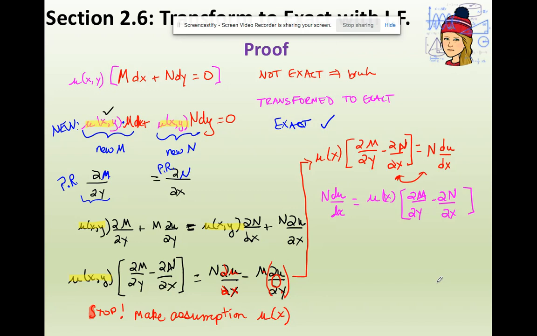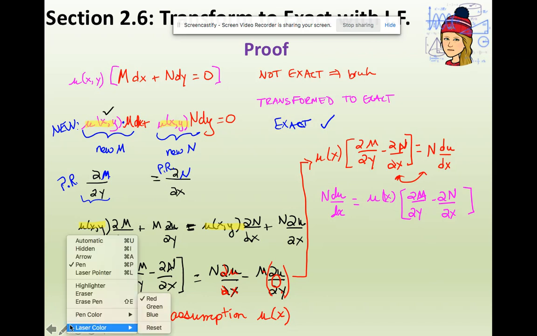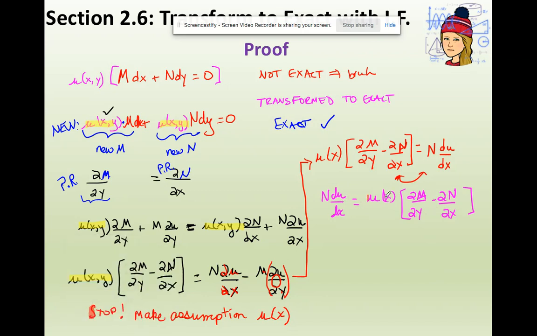And now think about what I want to do. What's my goal again? What do I want? I want to get u of x by itself, right? I have u wrapped up here in a derivative.